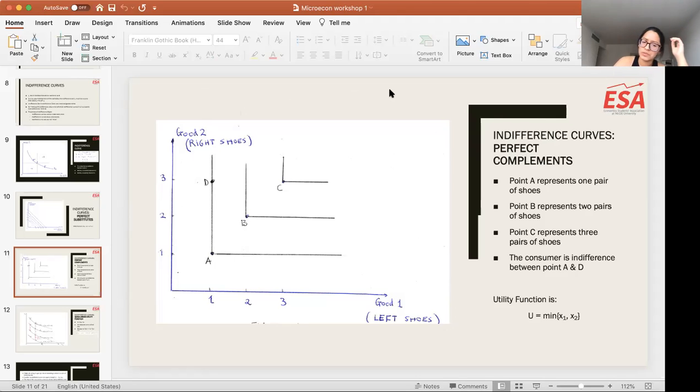In school, they always used to give us a bread and jam example, but I feel like shoes make a lot more sense. So one quantity of good one and one quantity of good two make one pair. That's how you should think about perfect complements.